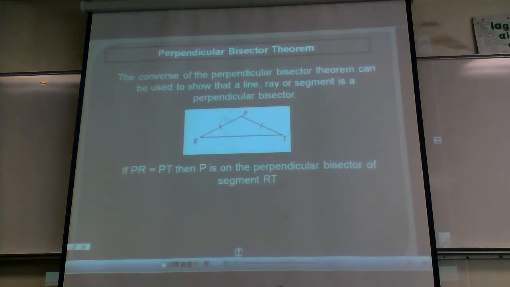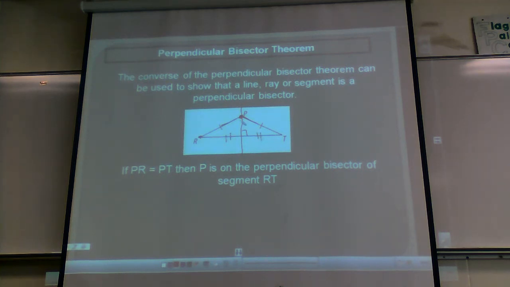So anytime you've got a point that is equidistant to the endpoints, if I were to draw the perpendicular bisector, it would have to pass through that point. Okay?